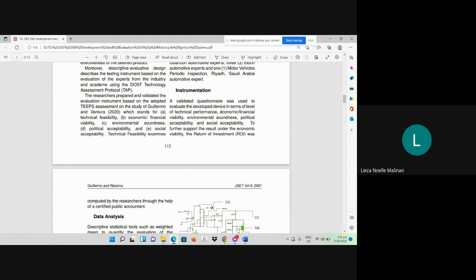And economic viability, whether it is affordable, whether it is worth it if you sell the product. And other factors here were also evaluated. So they developed a technology and then they requested several experts to evaluate this technology they developed using a questionnaire.